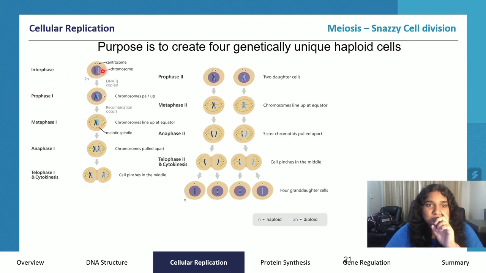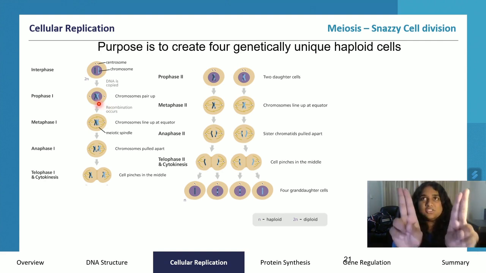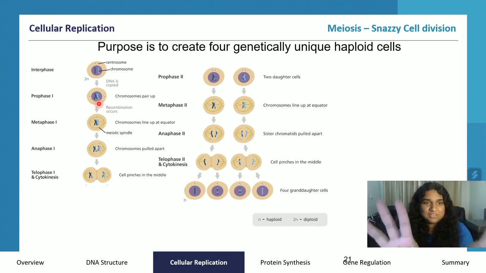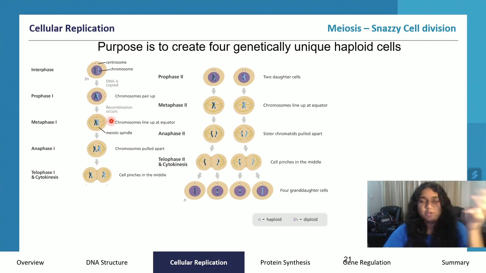In prophase 1, these chromosomes will pair up, essentially. So you've still got 2 chromosomes, but they've doubled, so you've got 4 sister chromatids in total. Metaphase then starts to occur, so the spindle fibers from the centrosome start to anchor onto the chromosomes and line them up at the equator.